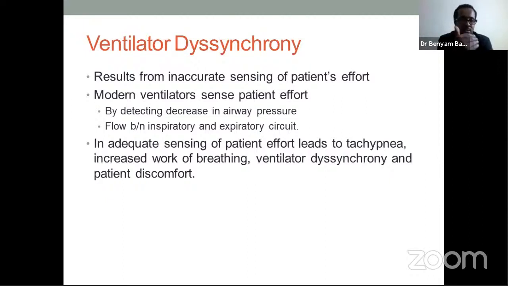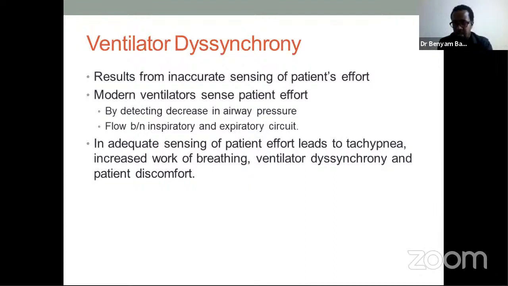Usually the sensors of the modern ventilator sense the patient effort in two ways, either by detecting the decrease in airway pressure, the generation of negative pressure, or flow between the inspiratory and expiratory circuit. So if we set inspiration to start after the patient generates negative 2 centimeters of water, then inspiration will start after generation of negative pressure, proceed till the inspiratory time ends, then the expiratory phase will proceed.